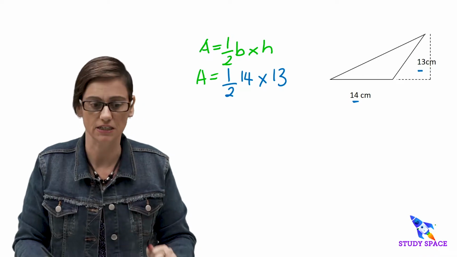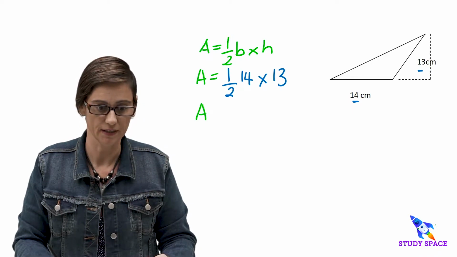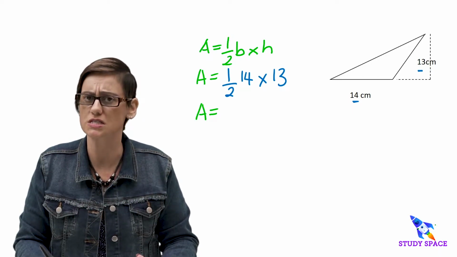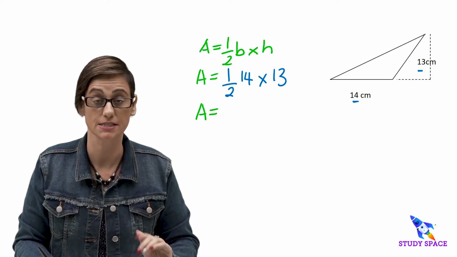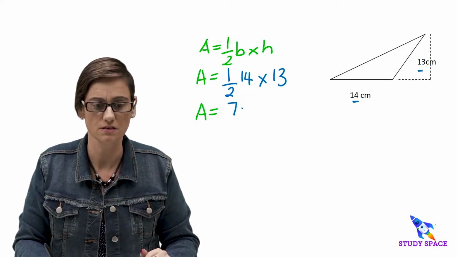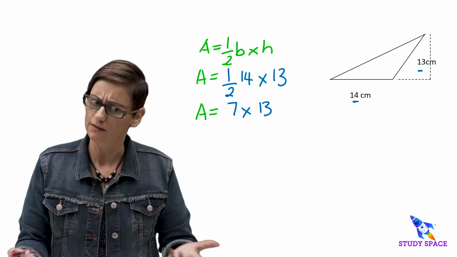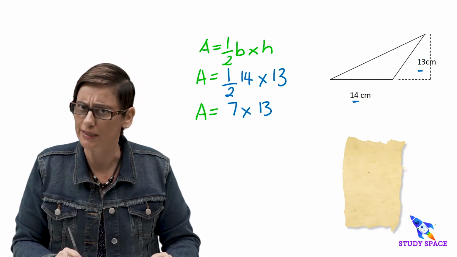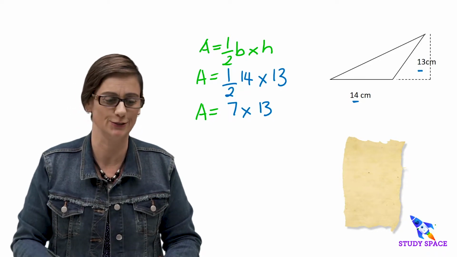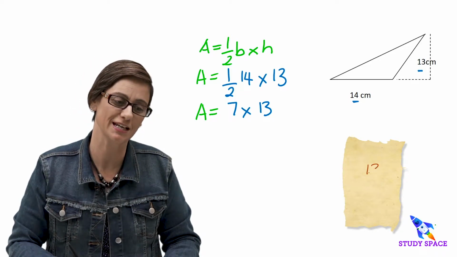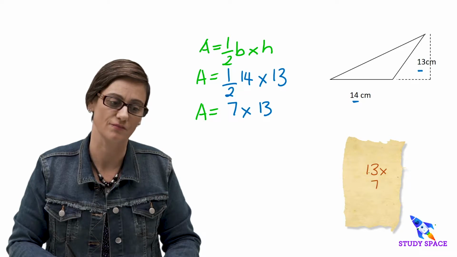So let's do some calculations. Area equals half of 14. Half of 14 is 7. So 7 times 13, which doesn't change. I chose some very tricky questions here, didn't I, boys and girls? All right, let's go to our scrap paper. 13 times 7.